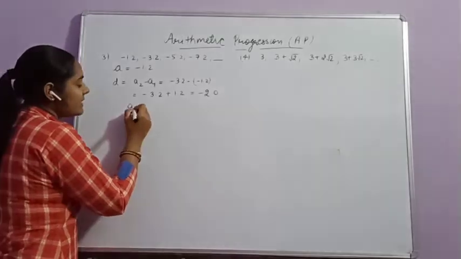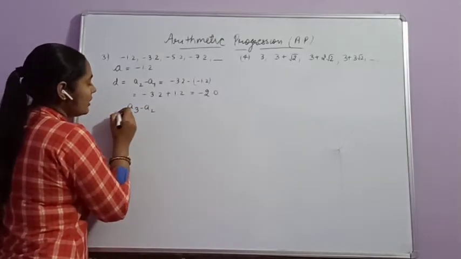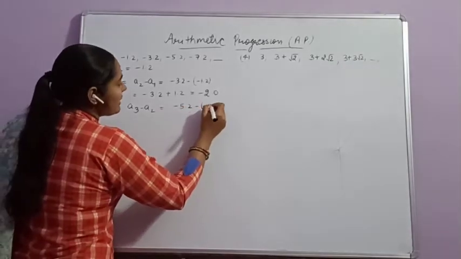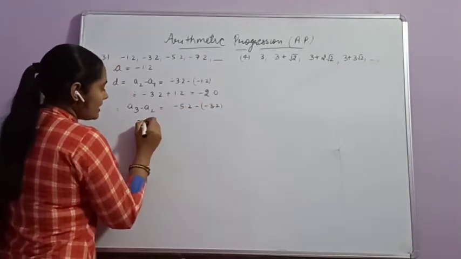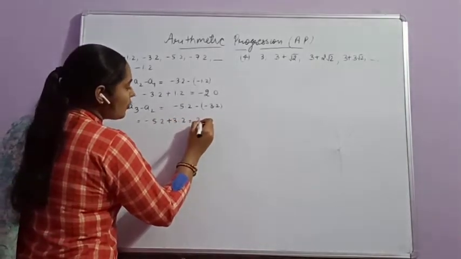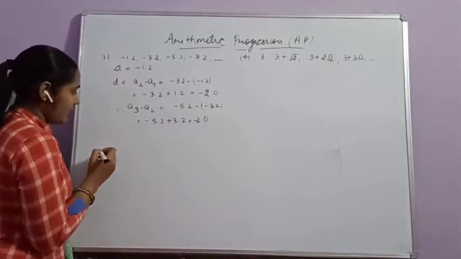Similarly, D can be written as A3 minus A2, that is equal to minus 5.2 minus of minus 3.2, that is minus 5.2 plus 3.2, that is equal to 2.0 with a negative sign.